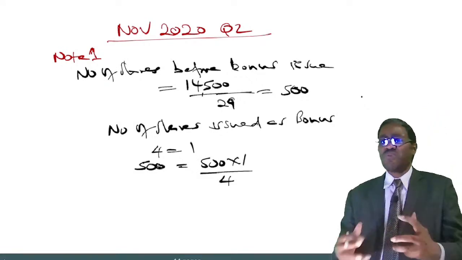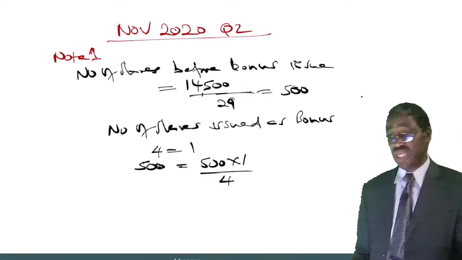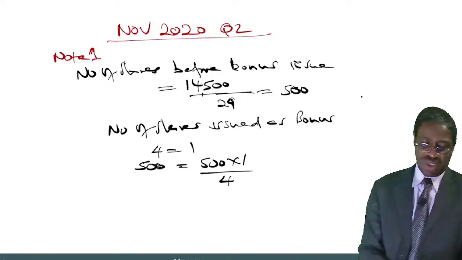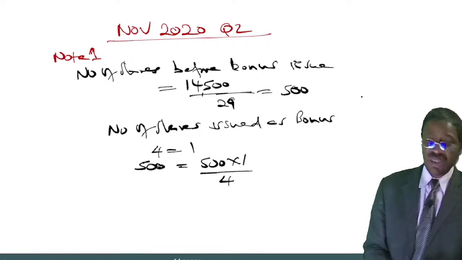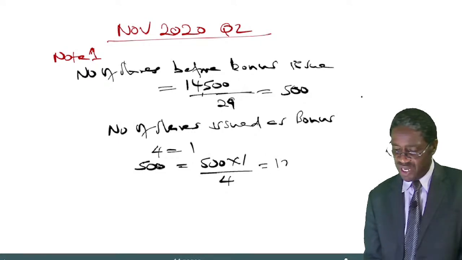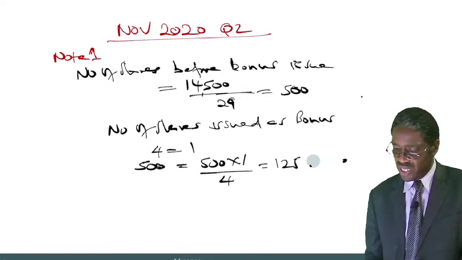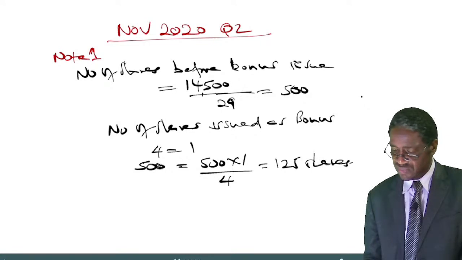So how many more shares were issued as bonus? I take that 500, I divide by 4. That looks like 125,000 shares. Those were the shares that were issued as bonus shares.